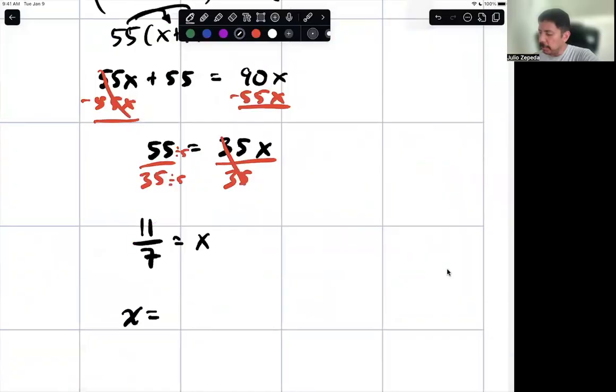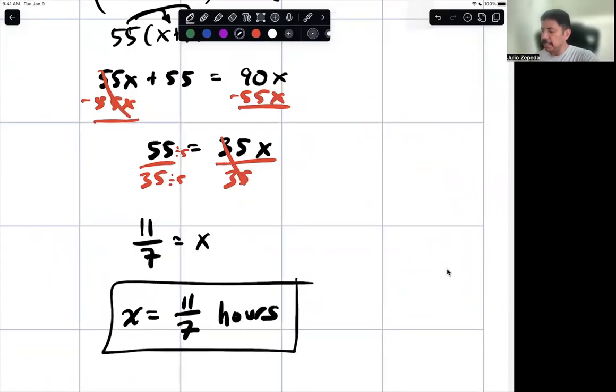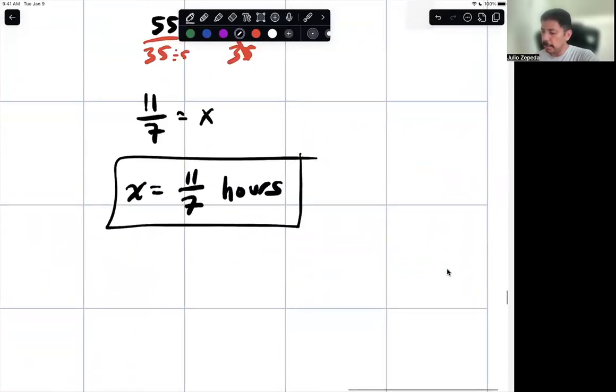X is equal to 11 over 7 hours. You can write it just like that. That would be acceptable here as an answer, since we don't have calculators on the quizzes. But if you want to approximate it, just for the sake of knowing, 11 over 7 is approximately 1.5714 hours. It does continue.